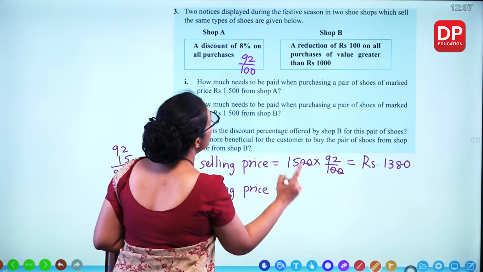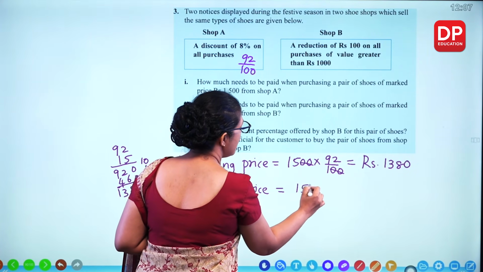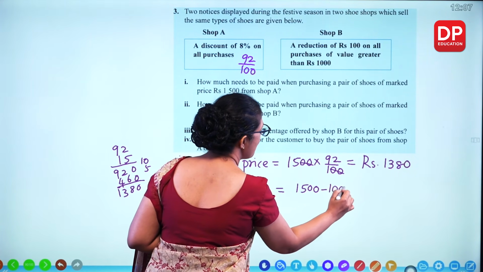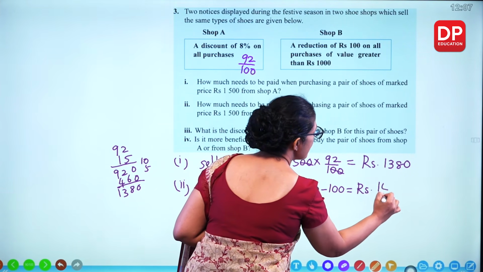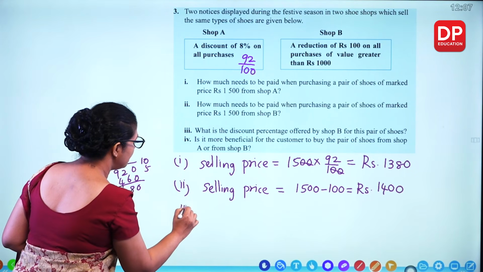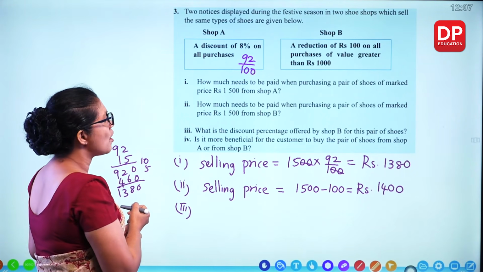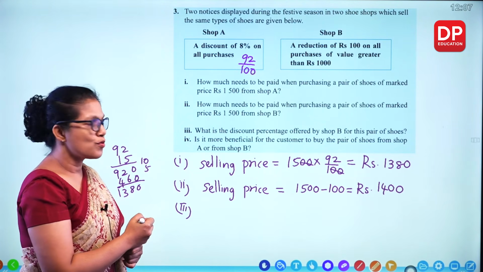Then marked price is 1500, reduction of 100 rupees, 1400. Part 3. What is the discount percentage offered by shop B for this pair of shoes?